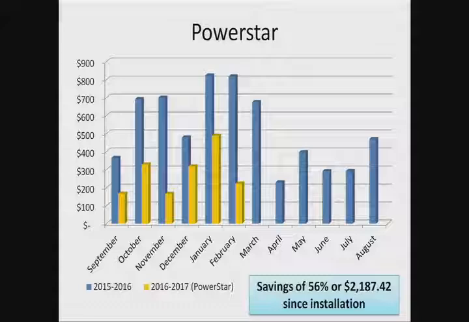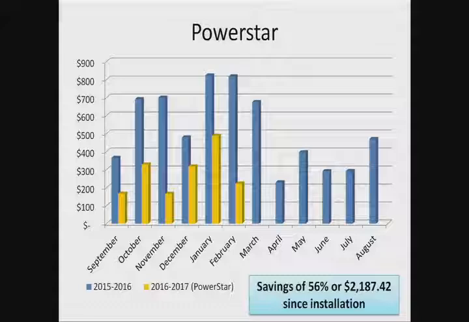We actually submitted an article, Ms. Shaw did, to the Frederick News Post outlining Power Star. As you know, Power Star was installed at the pump station, and it went online in September of 2016.